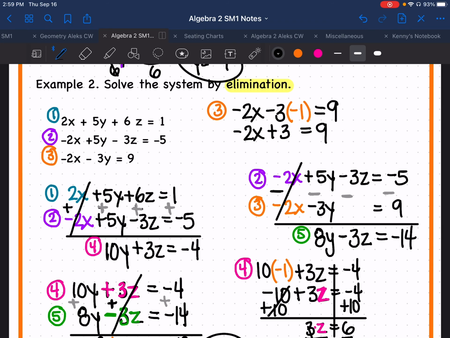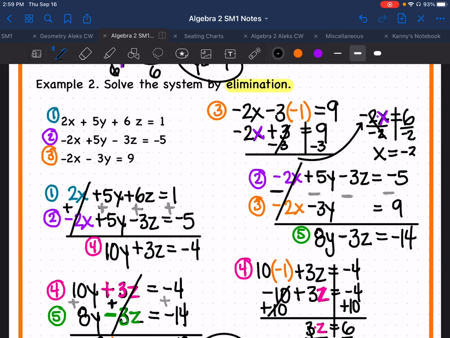Remember, I'm solving for the variable x, so let me pull my purple in. I'm going to have to move over here because I'm running out of space. This happens quite a bit when you are solving 3 systems and 3 unknowns. You tend to run out of space. So I took my answer here and I moved it right up there. I'm going to divide by the -2, and I get x equals -3.